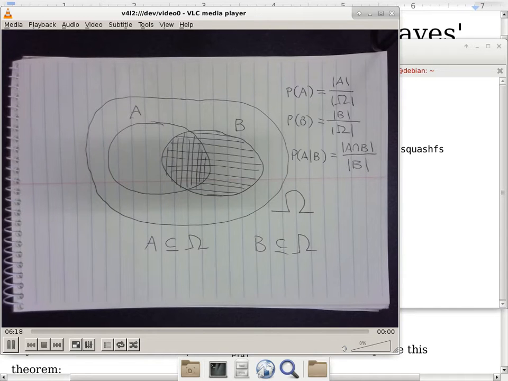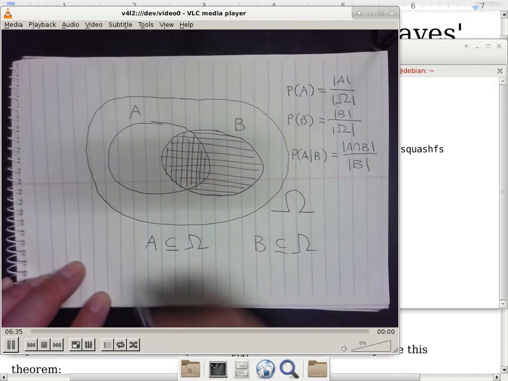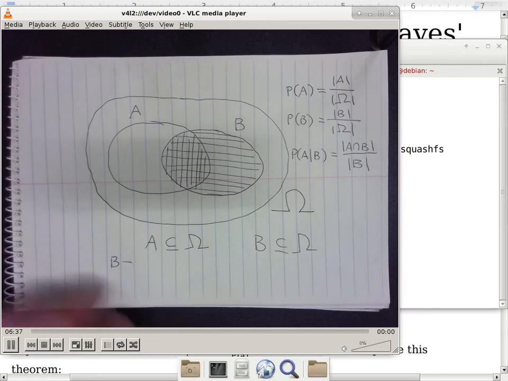Sure. So it might be helpful to look at this from the insurance company perspective, because they do a lot of conditional probability. It makes a lot of sense for insurance companies. Okay, so we want to look at set B. So in the real world, B can be representing people who drive a particular kind of car.